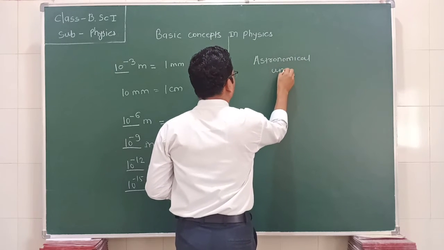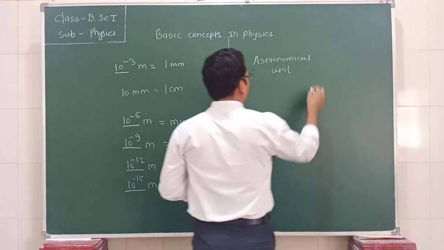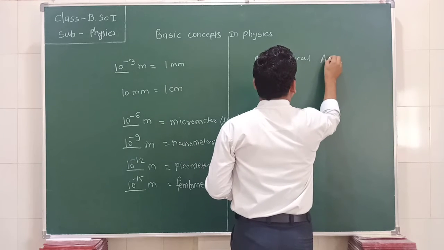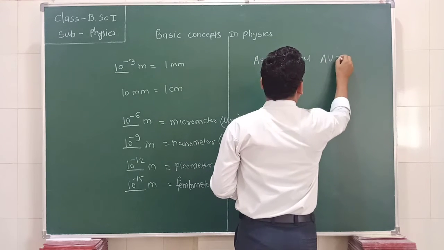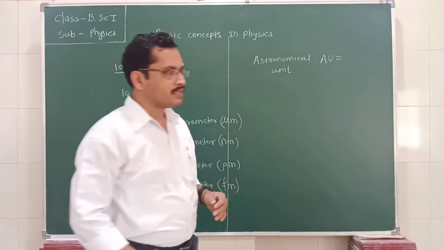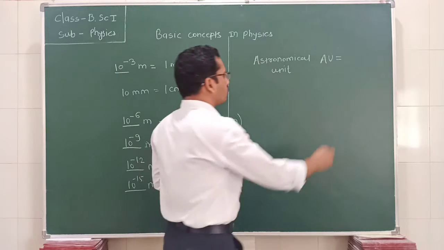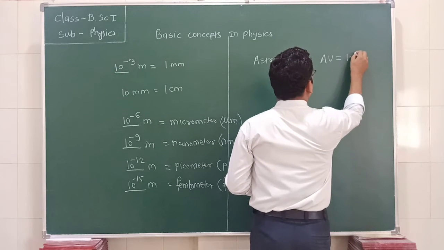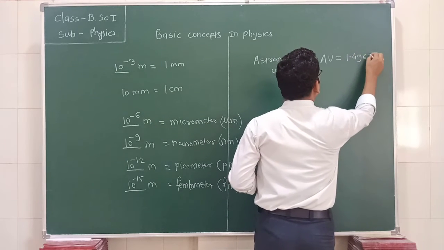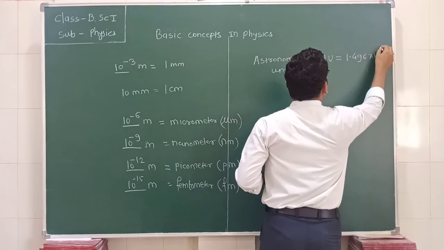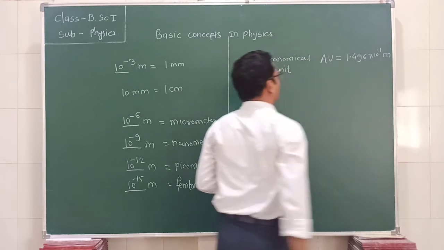astronomical unit, represented as AU. And what is AU? What is the value of this astronomical unit? This astronomical unit is equal to 1.496 into 10 raised to power 11 meter.